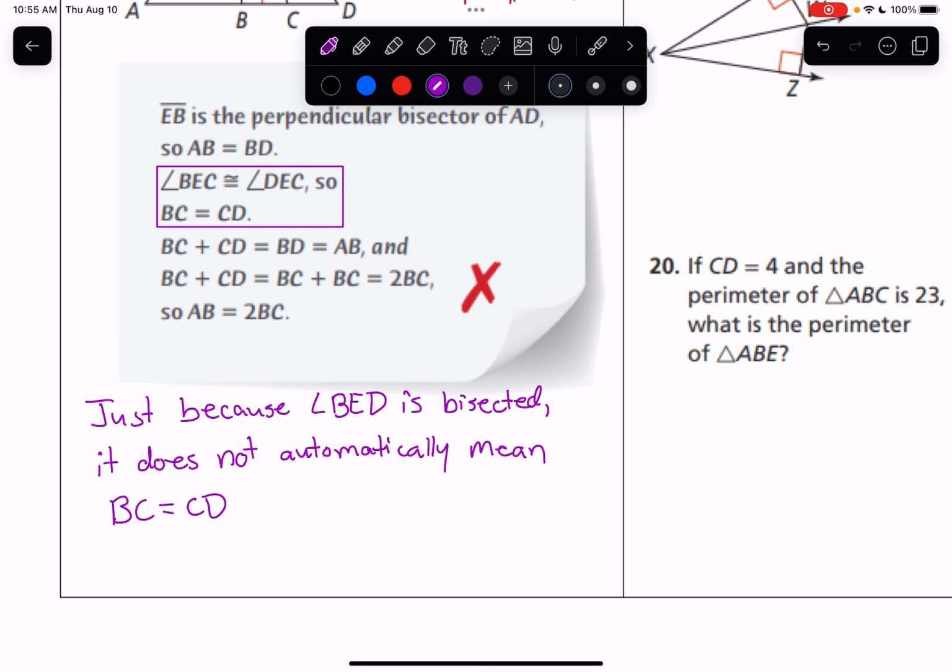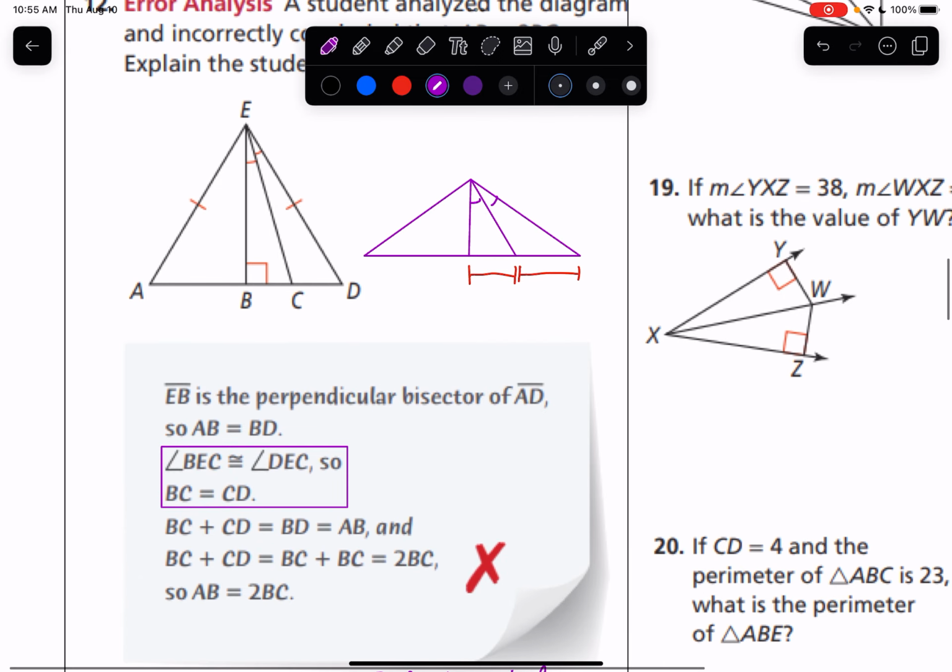And of course, if we can't guarantee that this is half of this length, then we can't guarantee that two of these are equal to AB.